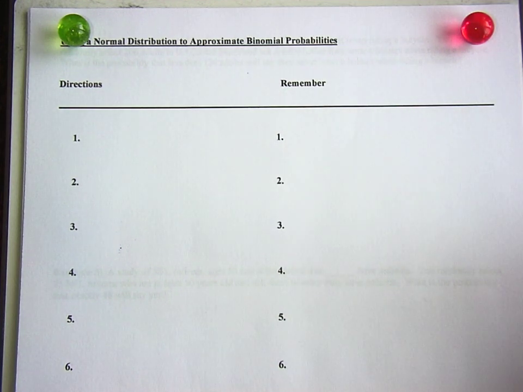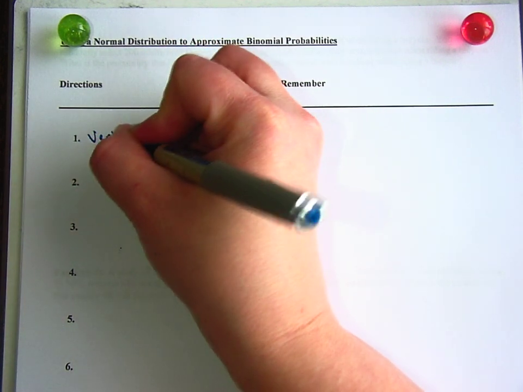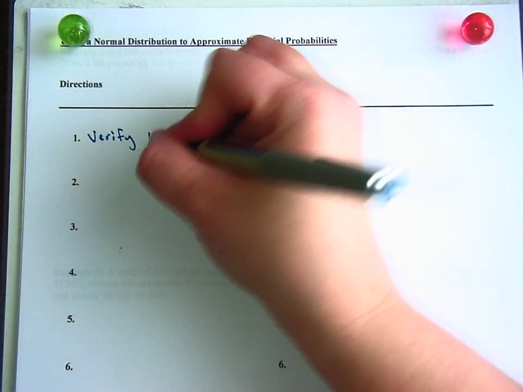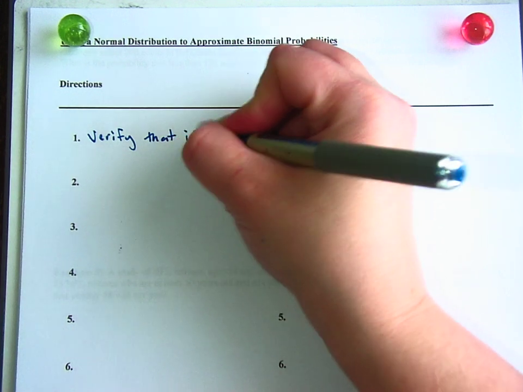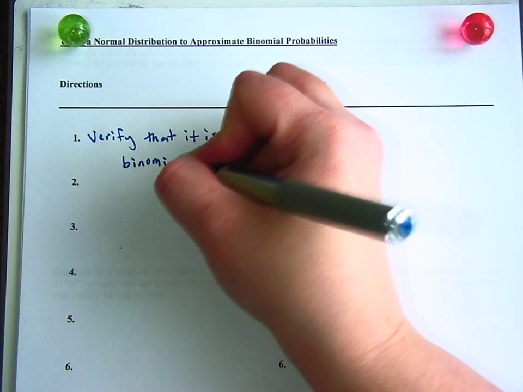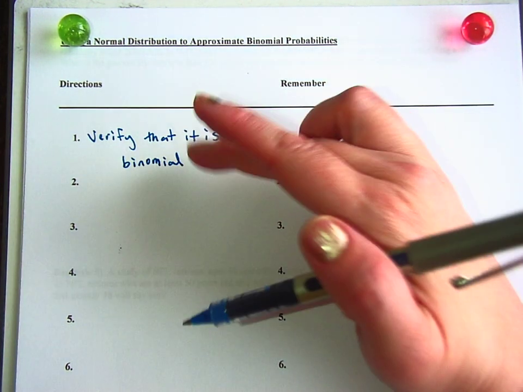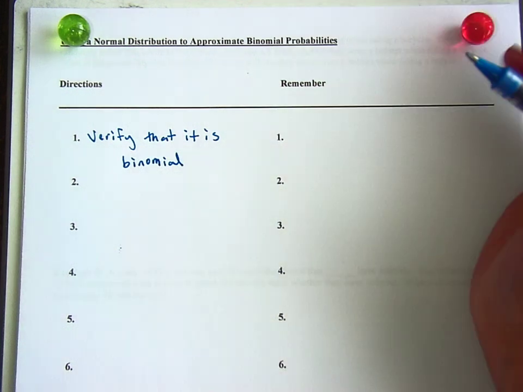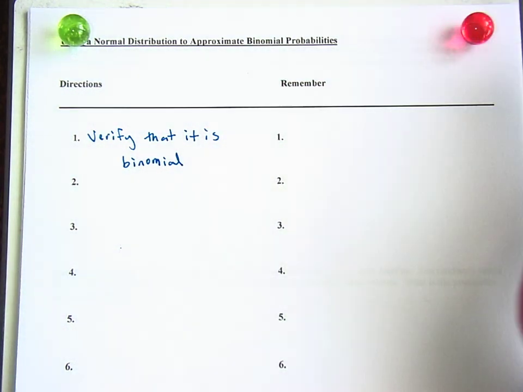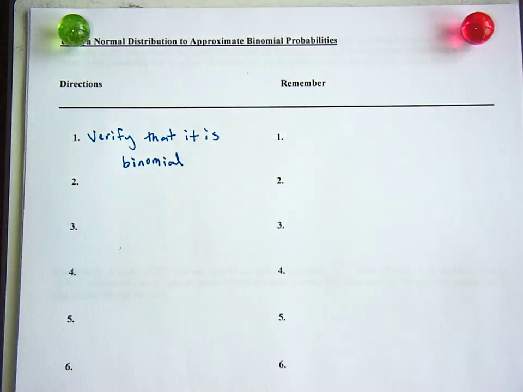So the first thing you have to do is verify that it is binomial. And remember, if you tried putting this binomial problem into your calculator and the n ends up being really high, your calculator can't even do that, because when it does a cumulative probability, it is doing all of those formulas and then adding them all up together.